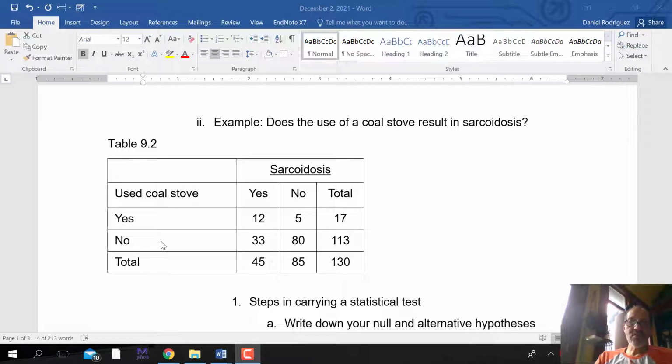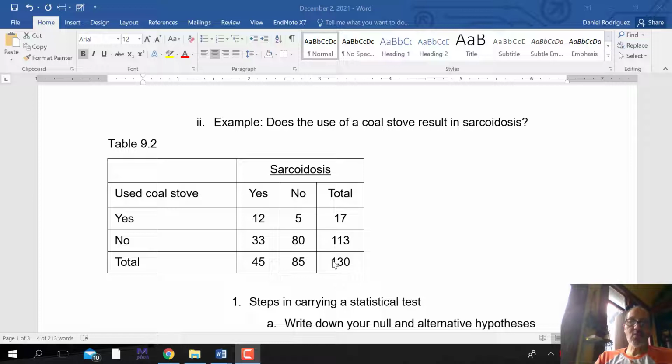Down here for the no, we have row 2, column 1, and they meet at 33. So this is cell 2,1, and finally this is cell 2,2, the nexus of the no's, row 2, column 2, the cell that includes 80.